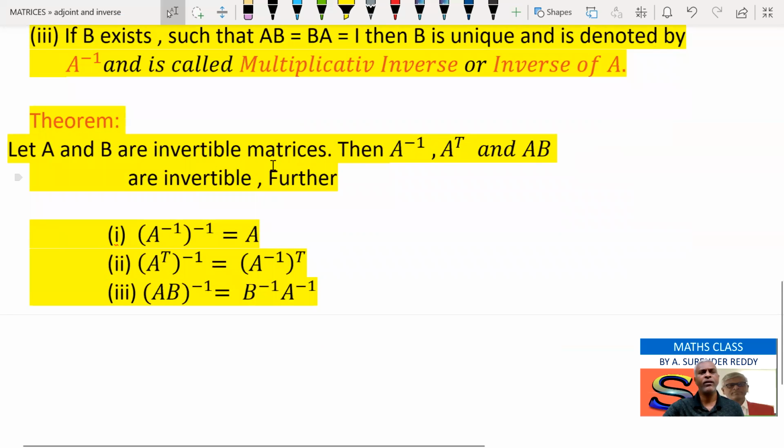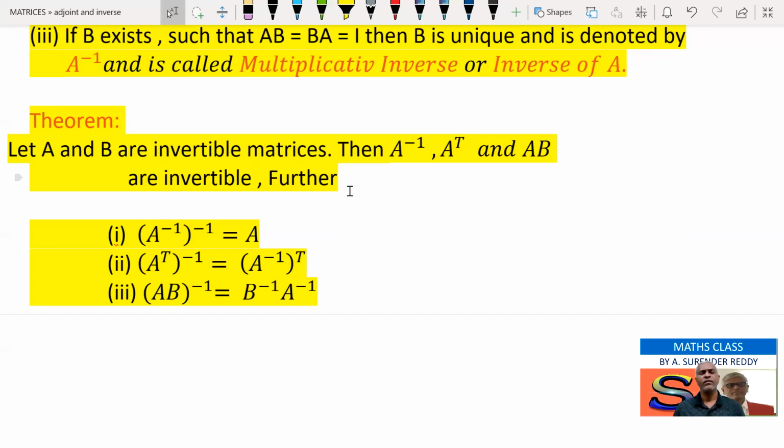Let A and B be invertible matrices, then A inverse, A transpose and AB are invertible. If A is invertible, then A inverse is also invertible and A transpose is also invertible, and if A and B are invertible, its product AB is also invertible.